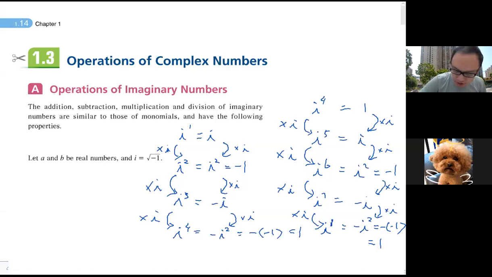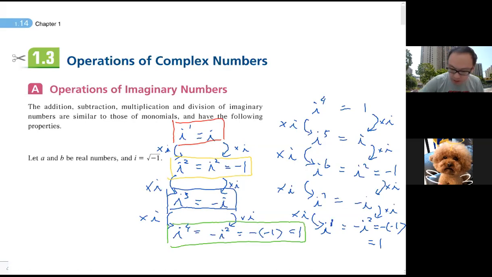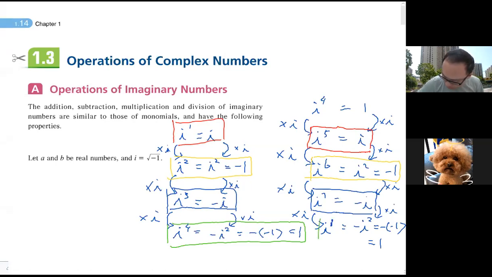So it is like this. i to the power 1 is i. i squared is -1. i cubed is negative i. And then i to the power 4 is equal to 1. And i to the power 5 becomes i again. i to the power 6 becomes negative 1 again. i to the power 7 becomes negative i again. And then i to the power 8 becomes 1 again.